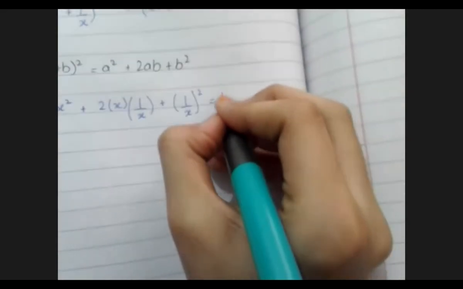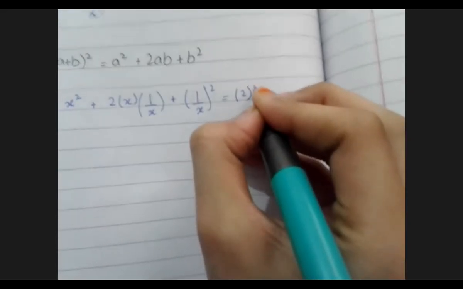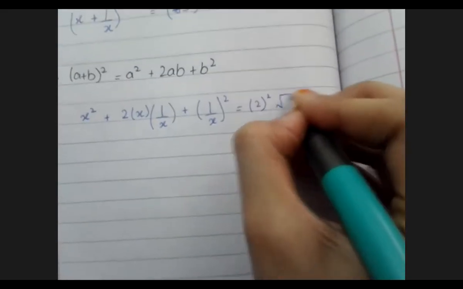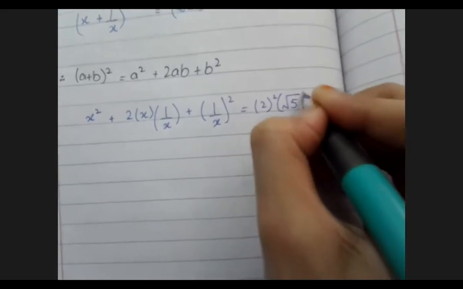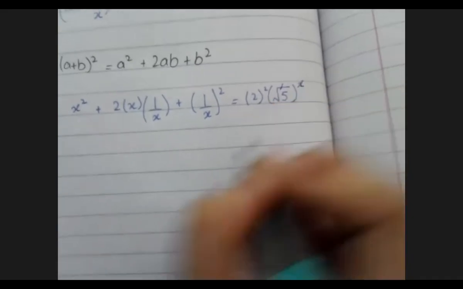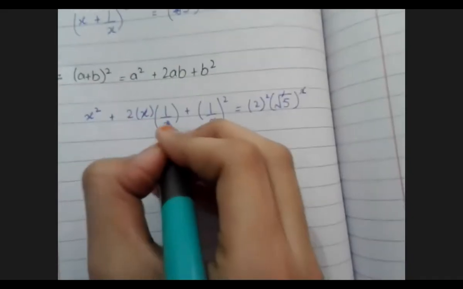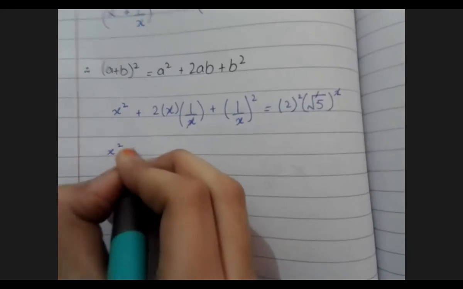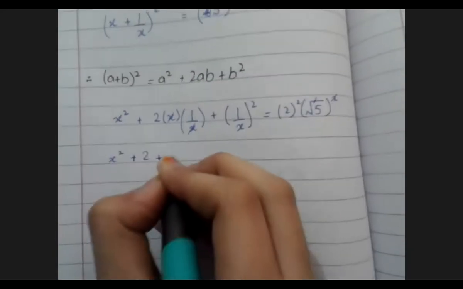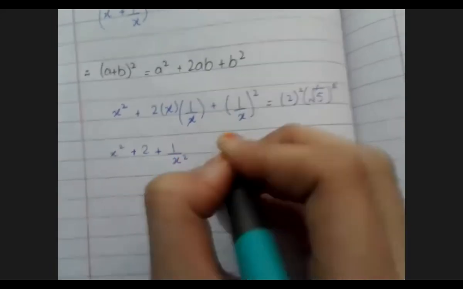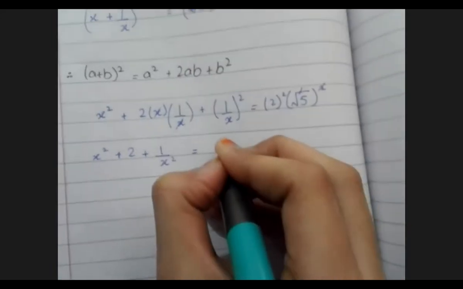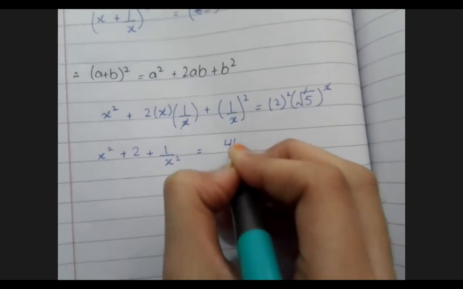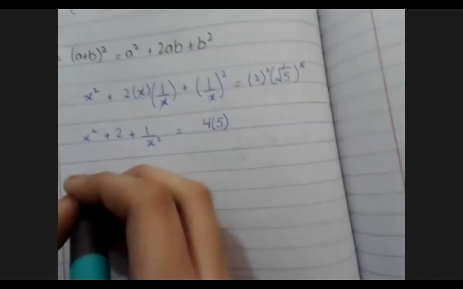Now write bracket 2 whole square, then bracket 5 whole square. Now square will be cancelled with the root. Very good. Now you will write x square plus 2 plus 1 upon x square is equal to square of 2 will be 4, and inside the bracket you will write 5. Very good.